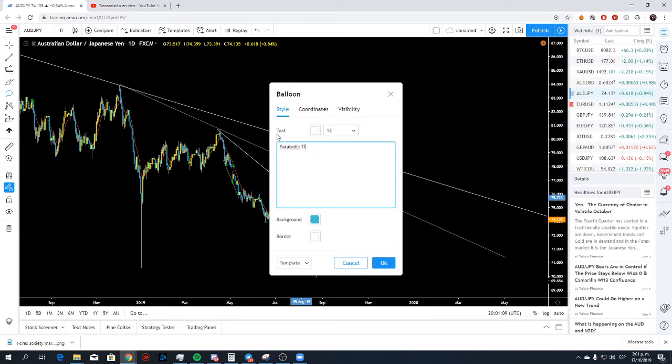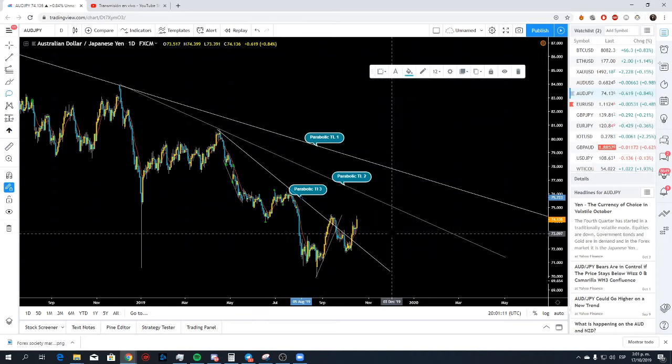Parabolic TL3. Okay, so what we got here, guys, is a strong trend, and I always try to trade the trend. I'm a trend trader, but sometimes you find enough confirmations that let you know the trend is about to change, like in this case.